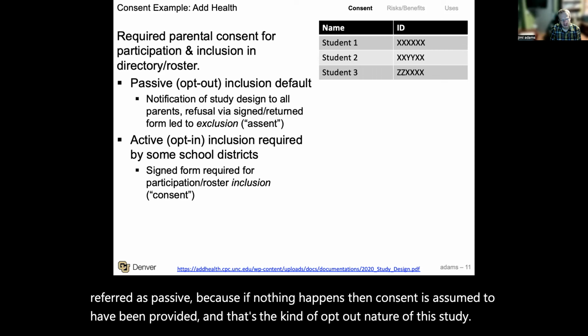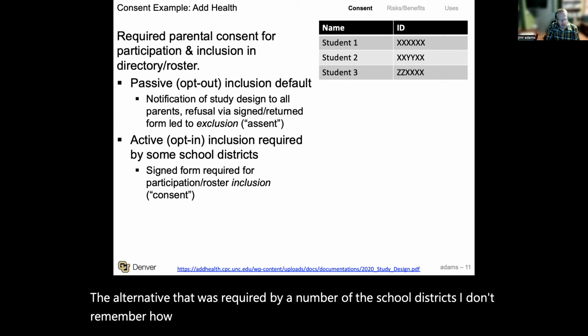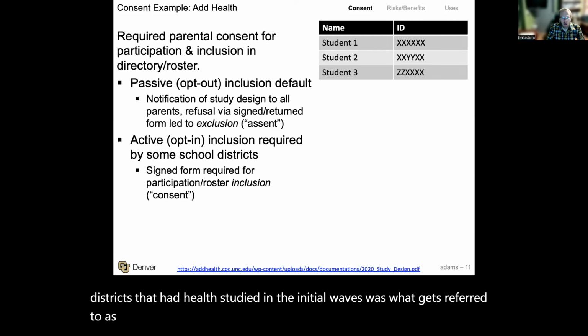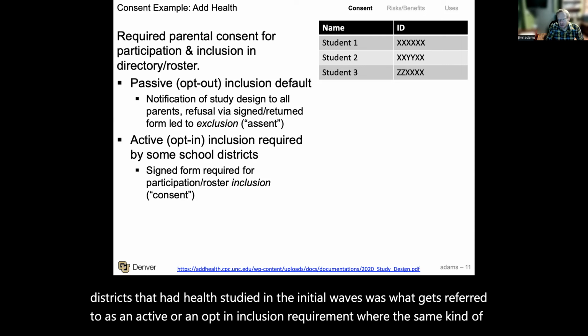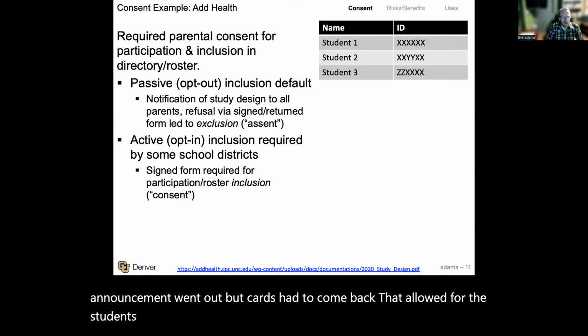The alternative, which was required by a number of the school districts that AdHealth studied in the initial waves, I don't remember how many, was what gets referred to as an active or opt-in inclusion requirement, where the same kind of announcement went out, but cards had to come back that allowed for the students' inclusion in the study.